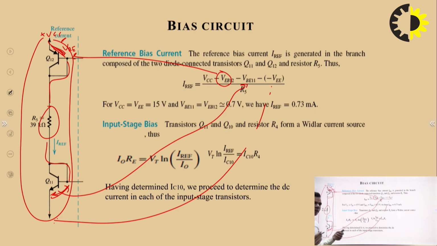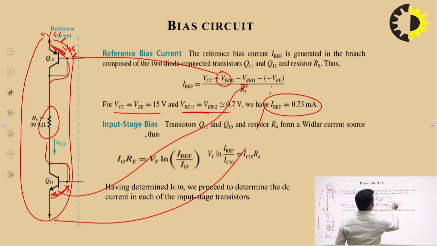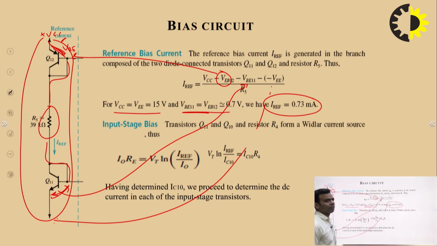In this way you can find the value of I reference. You know all the values: VCC is plus 15, and the base emitter voltage is nearly 0.7 volt. So we will have 0.73 milliampere, and this will be the value of I reference, and we need to remember this value.